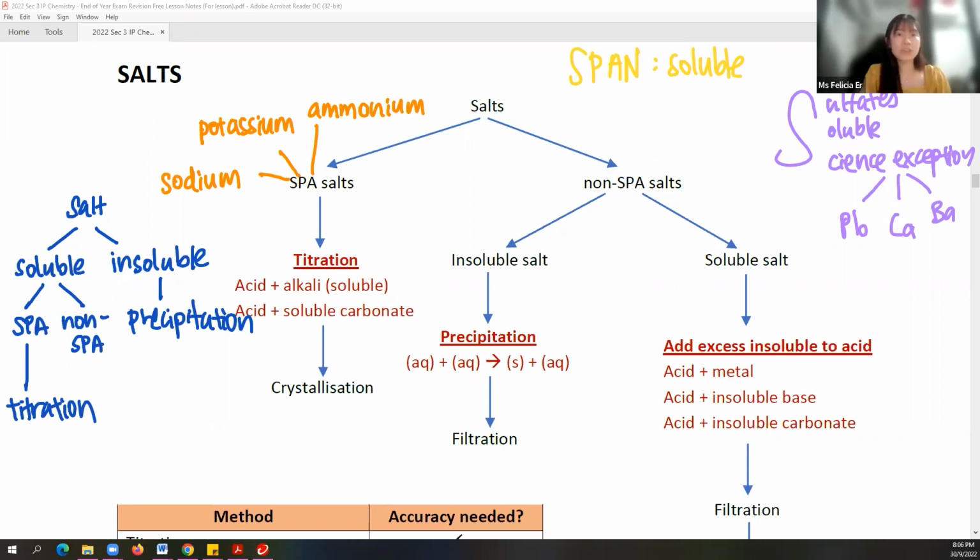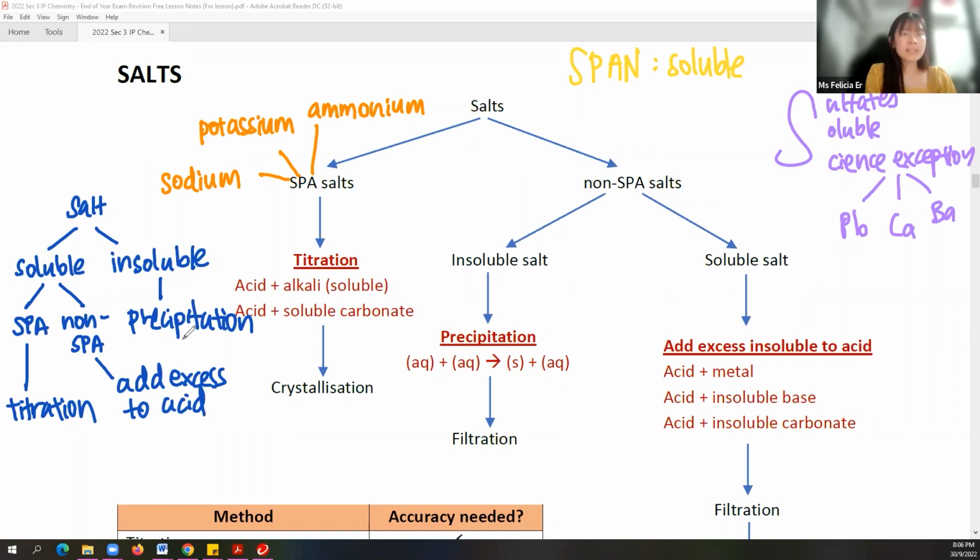That means they are all soluble. Then even after you finish the titration in the conical flask, it is still liquid form, right? That means it's also still soluble. That's why, at the start or at the end, forever soluble, you choose SPA, because SPA is always soluble. That's why titration should be SPA. Then non-SPA will be the last one, which is add excess insoluble to acid.